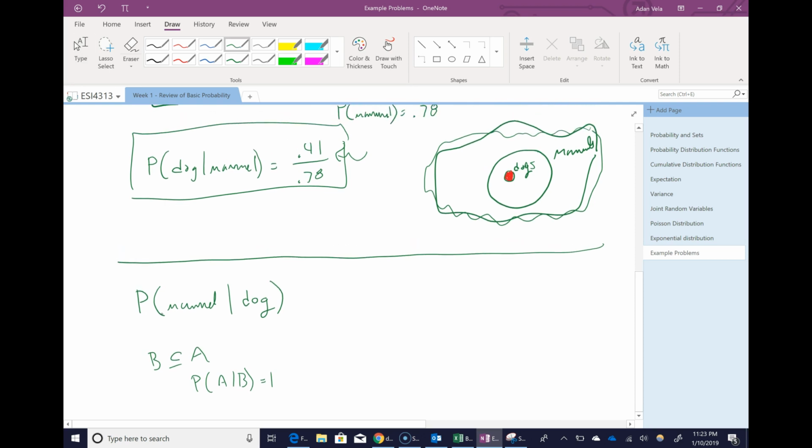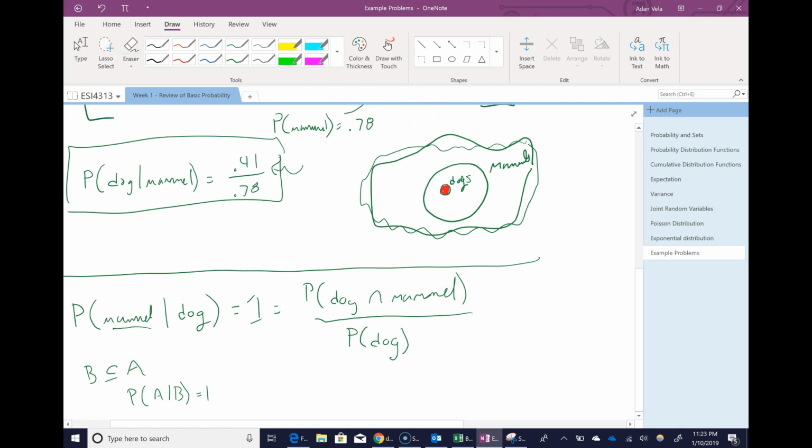So again, it's kind of logical here if you think about it. Given that you own a dog, what is the probability that your pet is a mammal? That's equal to 1. And the way that we can always do it mathematically, we ask ourselves, what is the probability of dog and mammal? Now we calculated that up above, and we're going to divide that by the probability of dog.